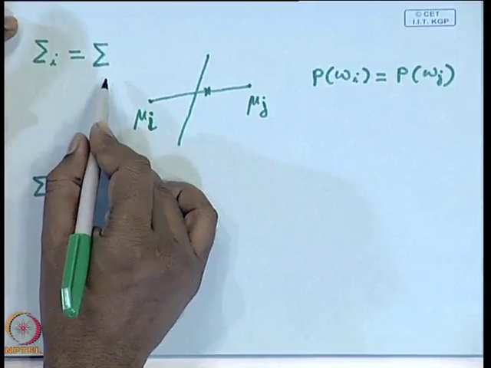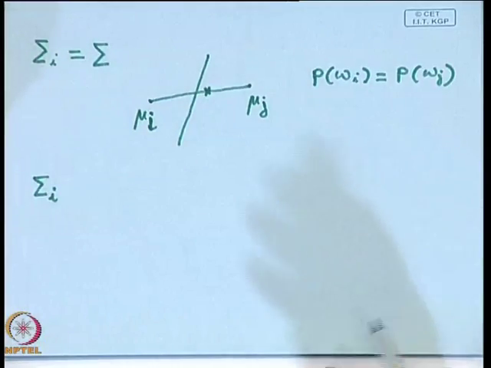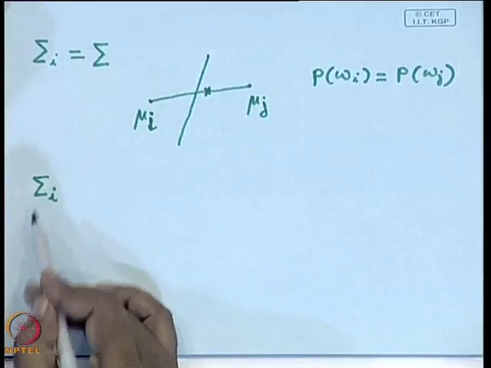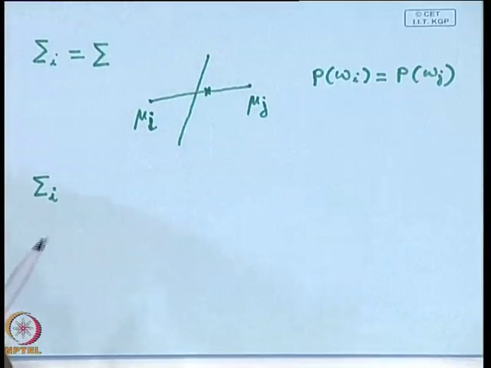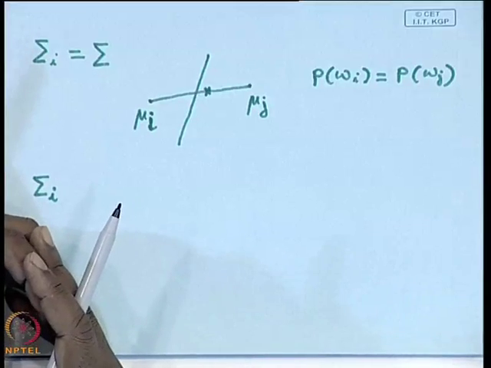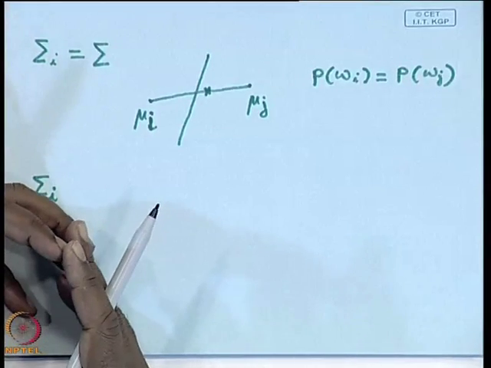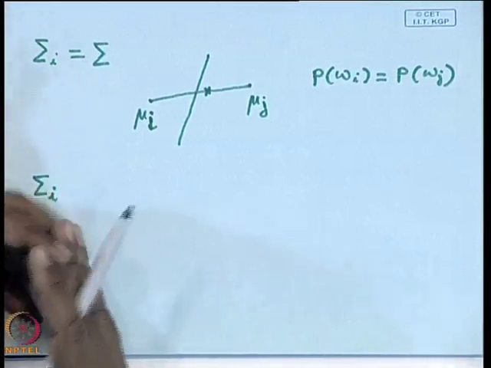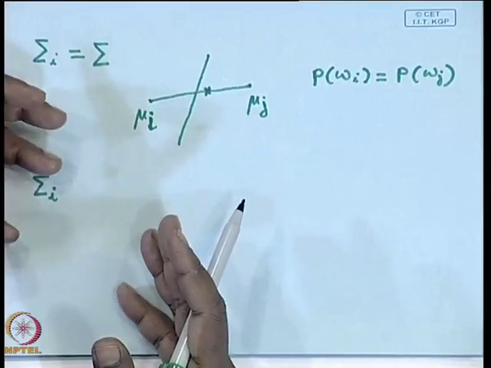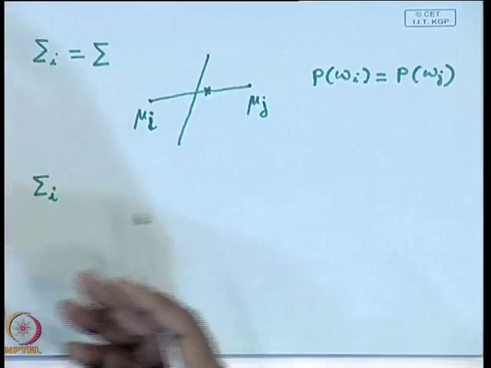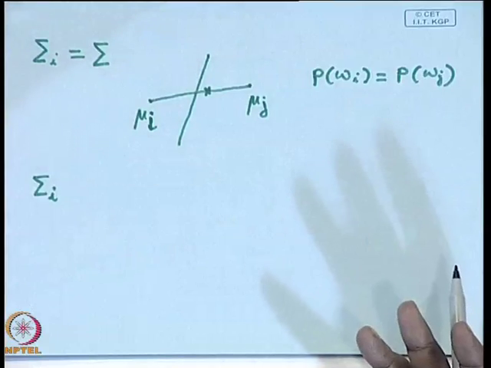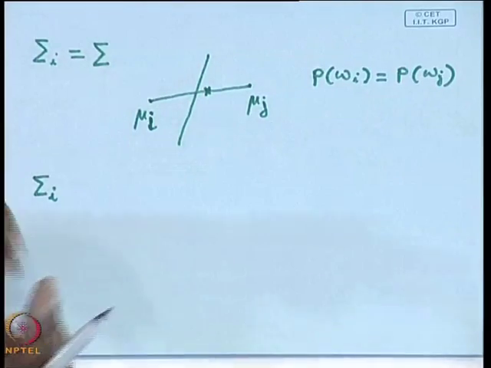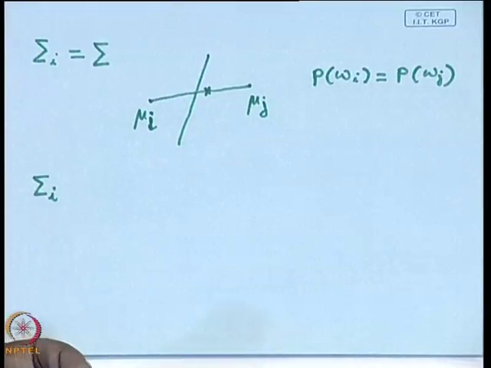In the second case, the hyper ellipsoidal spaces are of the same shape and same size. Okay. In this case, the points belonging to different classes will also form hyper ellipsoidal spaces, but these hyper ellipsoidal spaces may not have the same shape or the same size. So, they will have different shapes as well as different sizes, but the points belonging to the same class form a hyper ellipsoidal space. Okay.